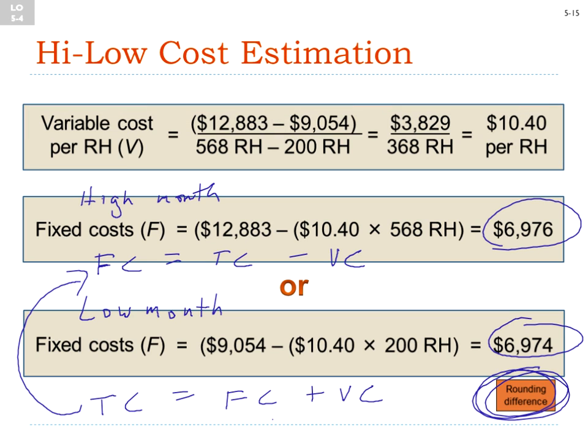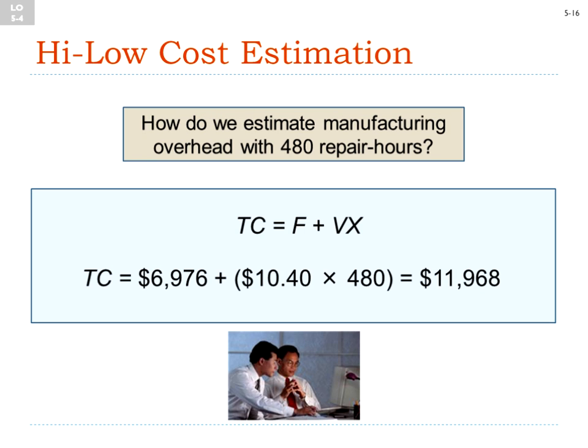So now that we have a fixed cost of 6,976 and a variable cost per unit of $10.40, you can plug those figures into the formula for different activity levels. So here we're asking about 480 repair hours.